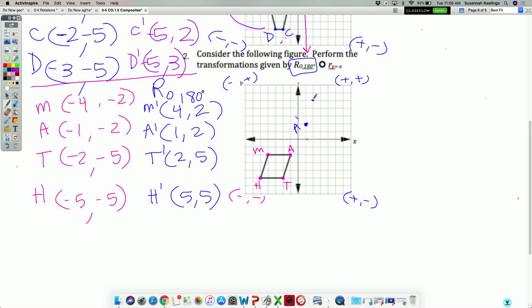Which I do sometimes also. Right 4, up 2. And 1, 2, 3, 4, 5. 1, 2, 3, 4, 5.